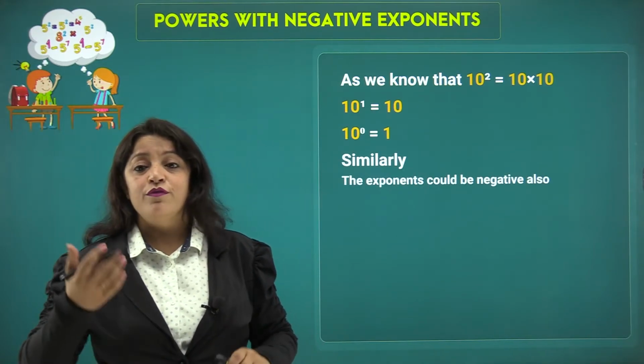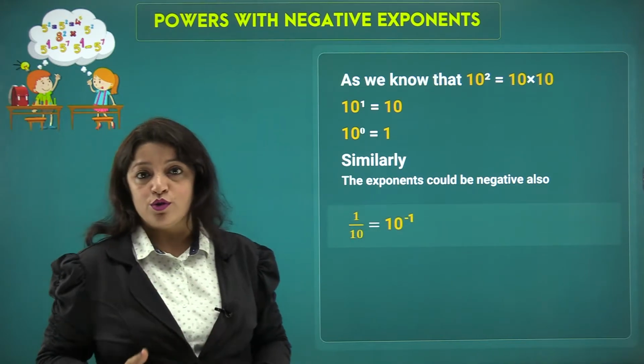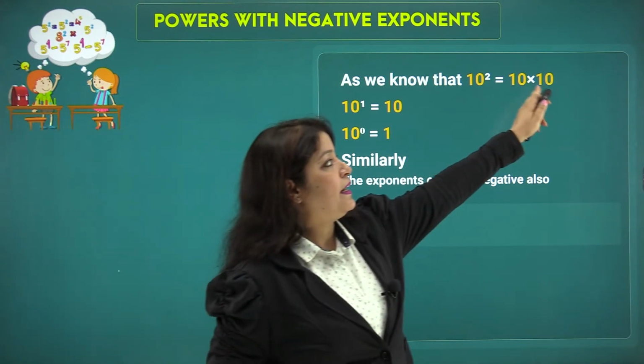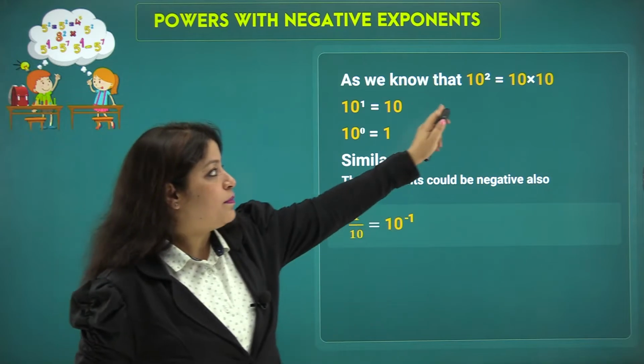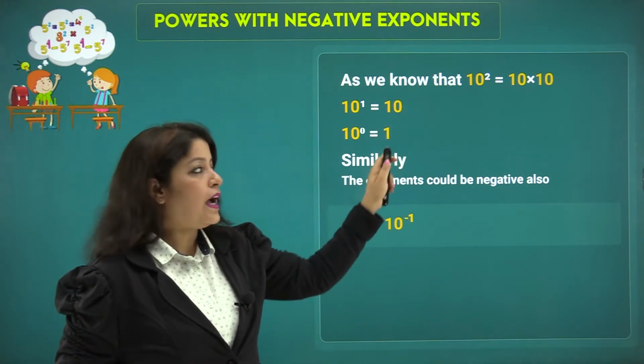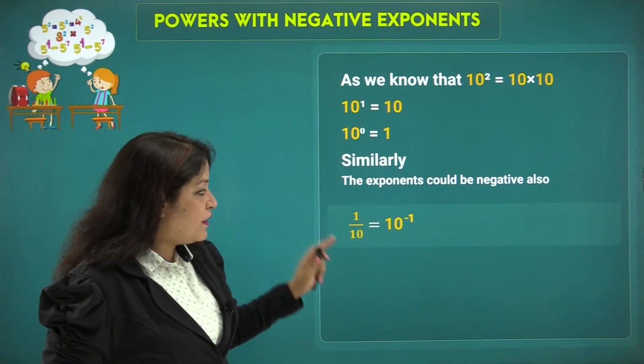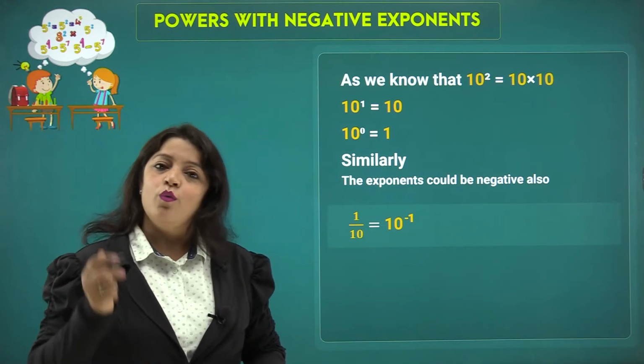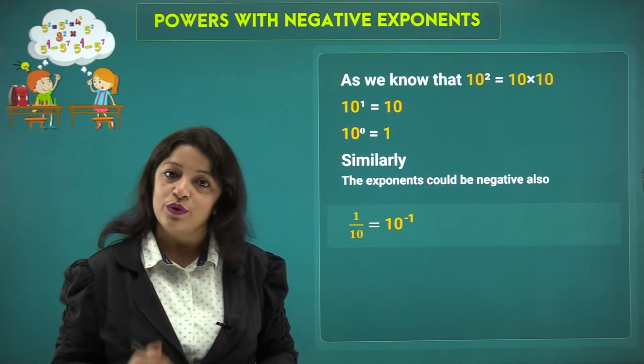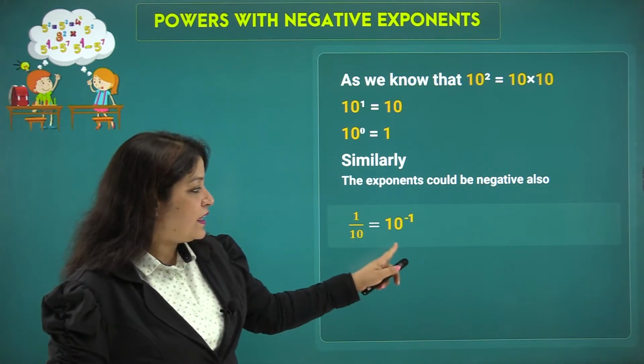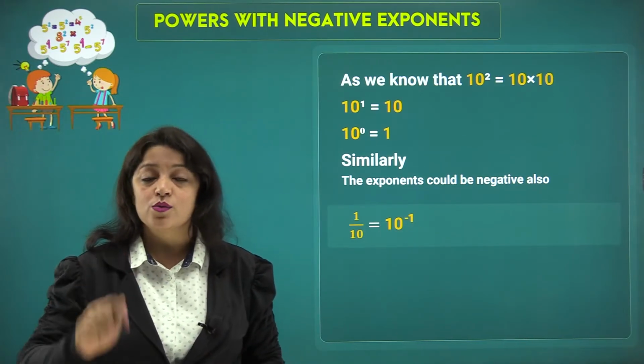Now if we go negative also, now here we were multiplying 10 by 10. Now 10 by 10, 10 by 1 and just 1. Now if we divide 1 by 10, how can we write it in exponential notation? As we just write it 10 raised to the power minus 1.